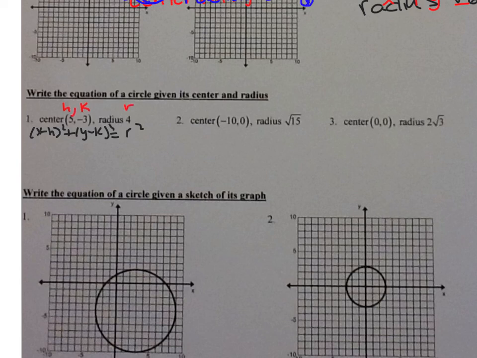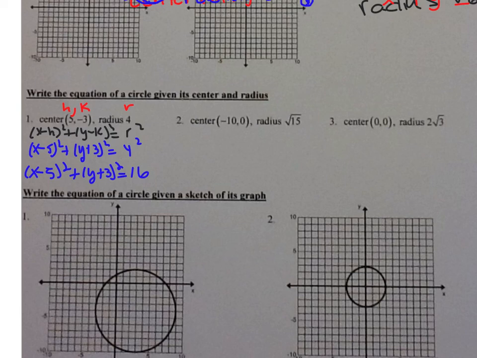Now remember, when you plug the center back in, you have to change the sign. So it's (x minus 5) squared plus (y plus 3) squared is equal to 4 squared, and you have to simplify that. So it's (x minus 5) squared plus (y plus 3) squared is equal to 16.